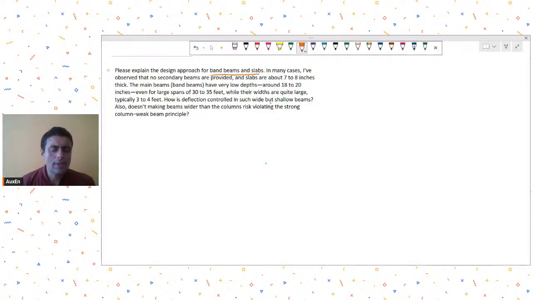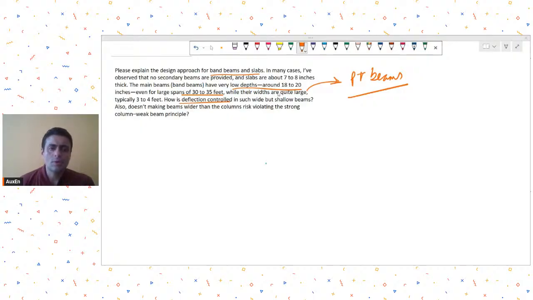So he's talking about some band beams which are having low depths and large spans. How is deflection controlled? I think if these are the spans being used, they must be PT beams and not normal beams. You just investigate. My opinion is that if you are seeing these types of spans, where for a 30-35 feet span it is only 18 to 20 inches deep, you investigate whether or not those are PT beams.